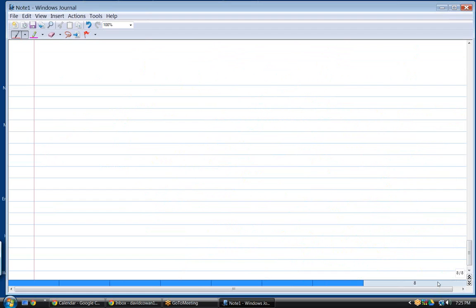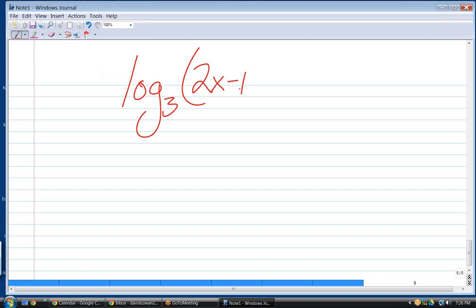Okay, here's a log one. Log base 3 of 2x minus 1 equals 2. Put this in exponential format. Okay, what's the equation again?